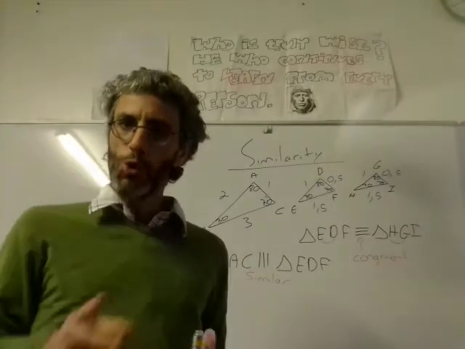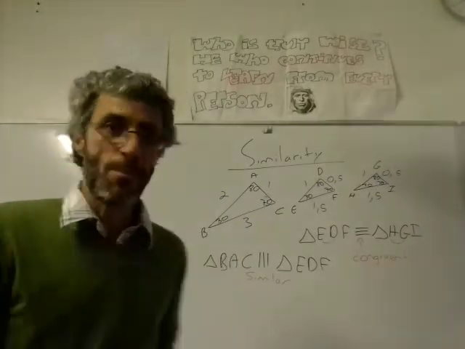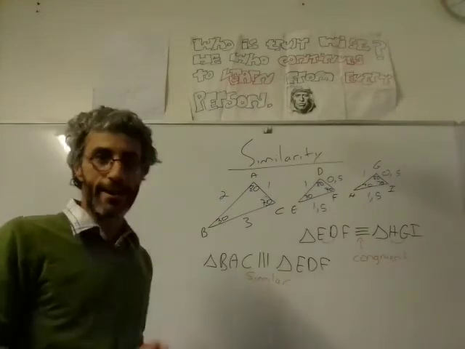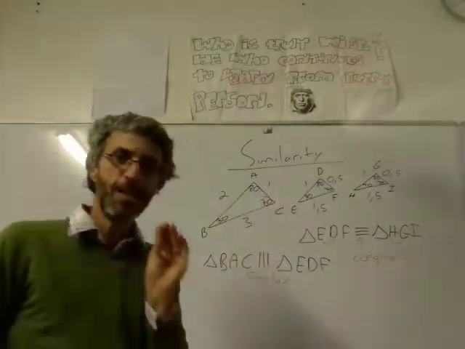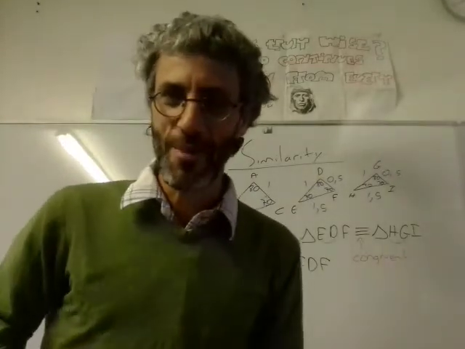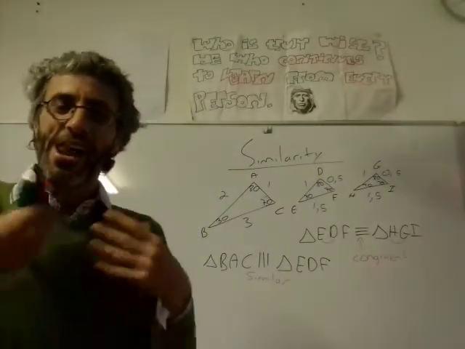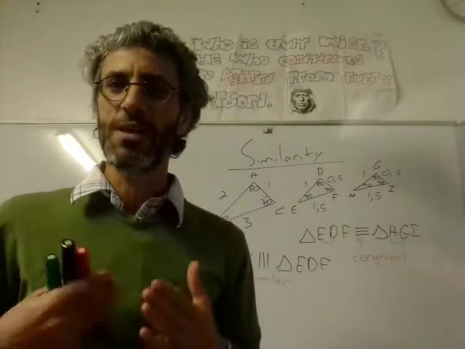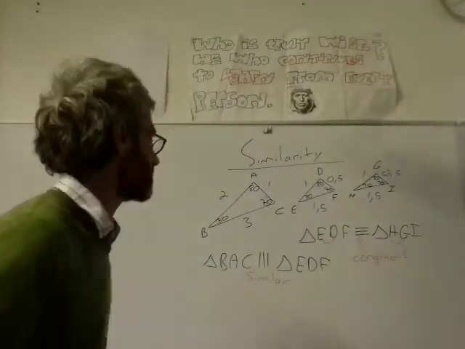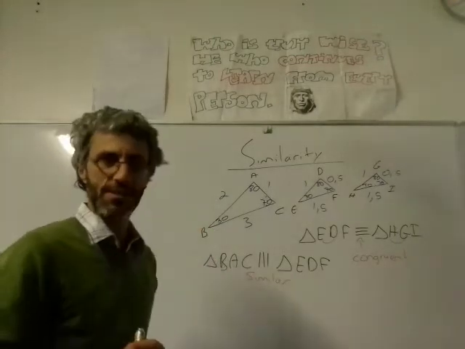Now, what does similar triangle really mean? It means 2 things when it comes to triangles. It means either the angles are the same, which we saw: 30, 30, 80, 80, 70, 70. But there's one more thing that I didn't really mention. Another thing that needs to happen is that the sides have to be in the same ratio. What does that mean? The sides are not the same.